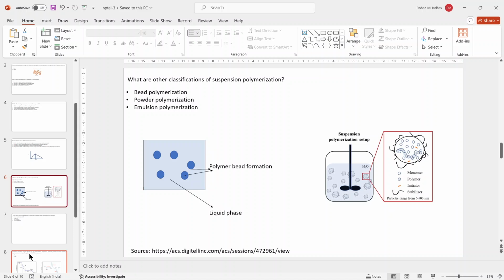Why are we using the liquid phase? Because it increases the handleability of the polymer, since they are so viscous. And since the polymerization process itself releases a lot of heat, it is very easy to dissipate that heat using the liquid medium. Once the polymerization starts, the polymers are formed inside the suspension itself.